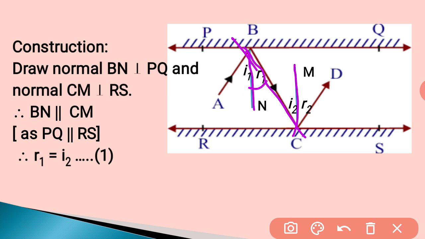Here R1 and I2 are alternate interior angles, and by the alternate angles theorem, we can say that R1 equals I2.